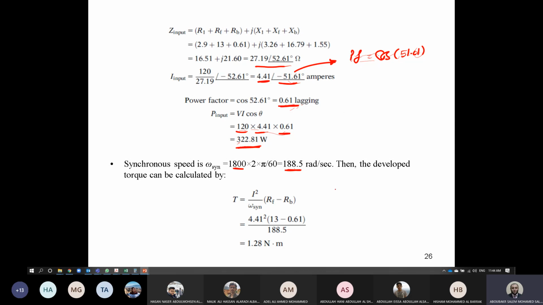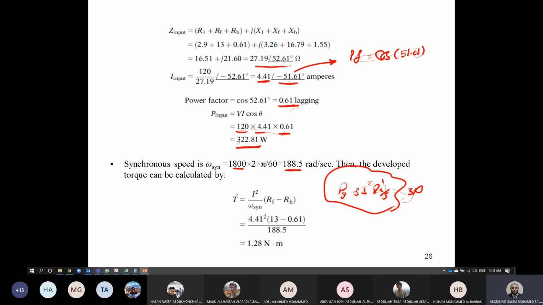We used to use the equation P gap equals I square multiplied by R2 prime over s. This is for three phase, by multiplying by 3. But here we already included the s values with RF and RB. So this part is now representing the overall torque, Shabab.